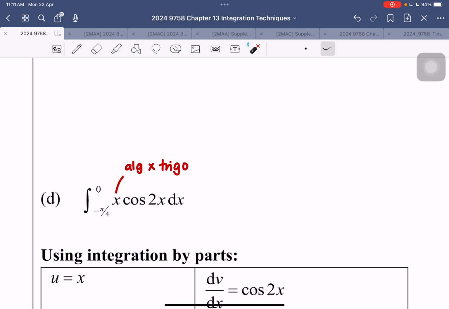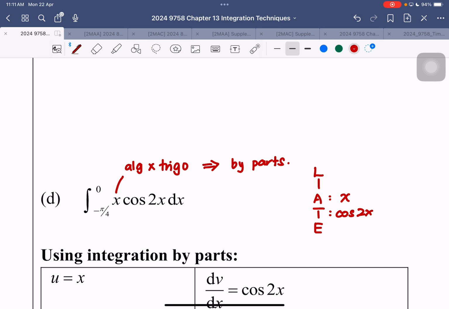So the best bet may be to try out by parts, and we will have our LIATE as a guide to decide which one to be u. So we can see that algebraic is our x term, then cosine is our 2x here. So we let this be u.